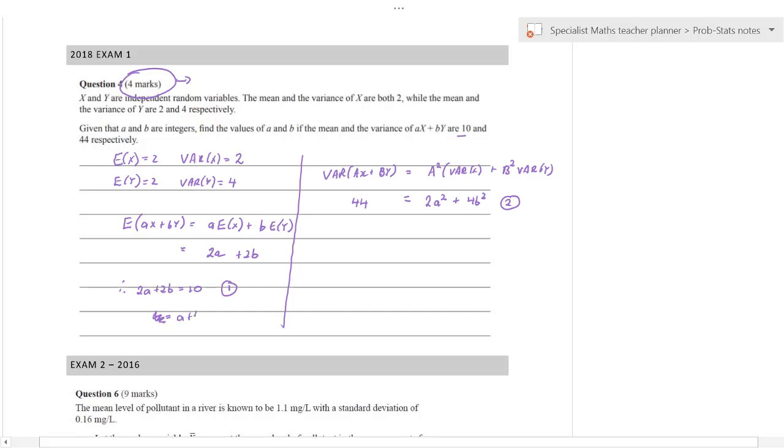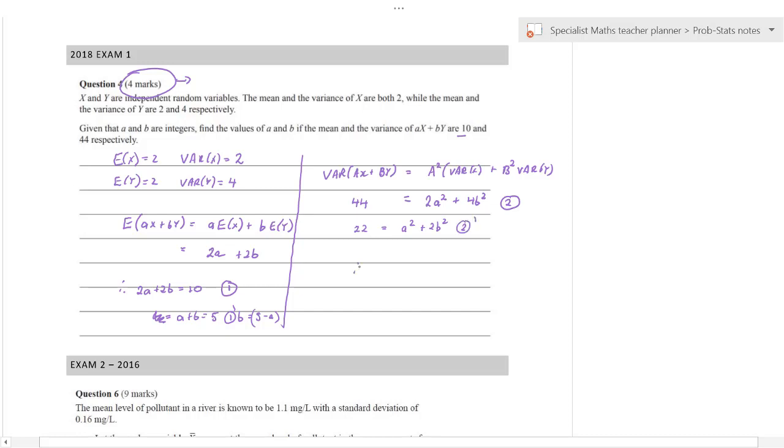We've got A plus B is equal to 5, which means that B is equal to 5 minus A. I'm going to call that equation 1 dash. And I'm going to divide both sides by 2 here, which gives us 22 is equal to a squared plus 2b squared. I'm going to call that 2 dash.